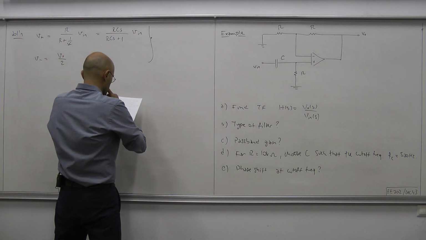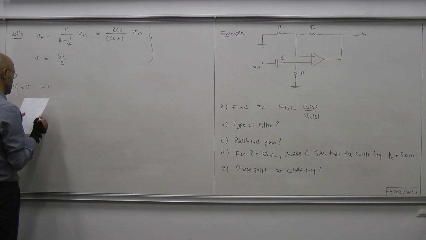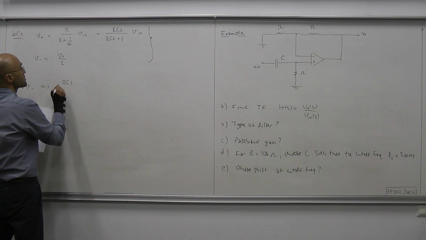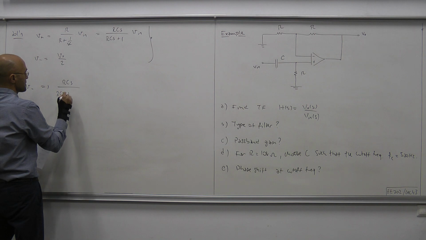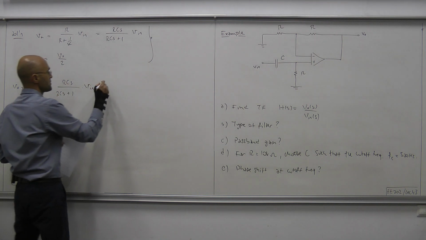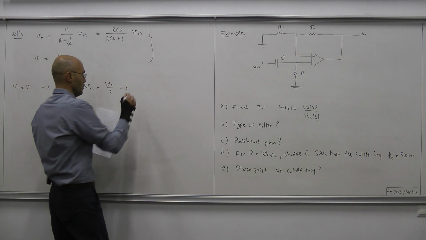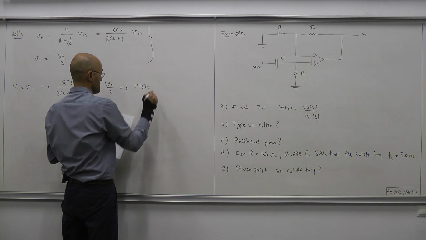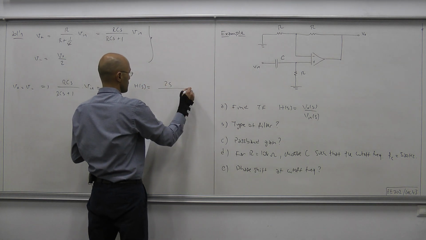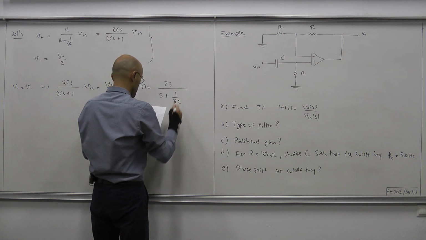So V plus equals V minus implies RCS over RCS plus 1 times V in equals V0 over 2, and that produces the following transfer function. H of S equals 2S over S plus 1 over RC.